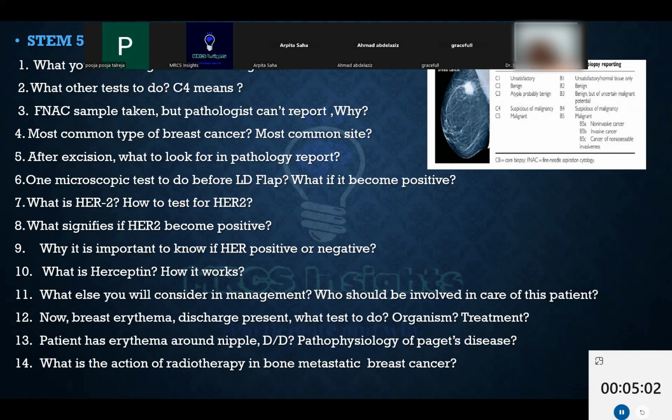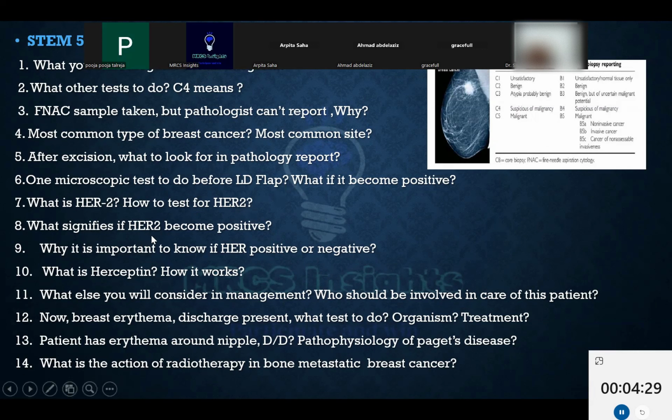Okay. And the investigation for HER2, how do we detect it? Yes, one is immunohistochemistry. Another test... I forgot. Okay, no problem. It is fluorescent in situ hybridization, FISH. So we can detect the HER2 receptor by two tests: immunohistochemistry and FISH.